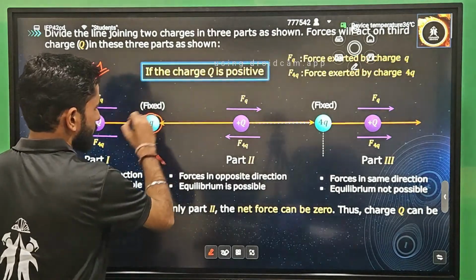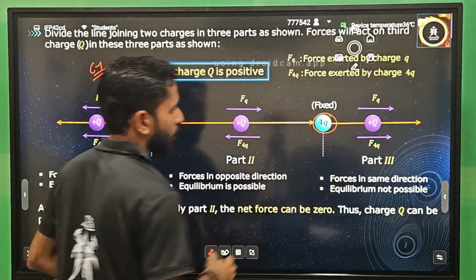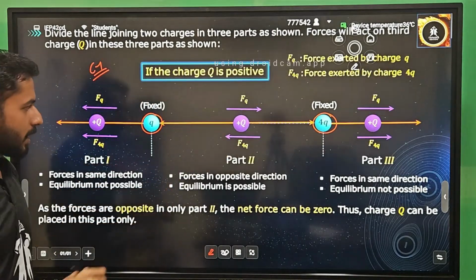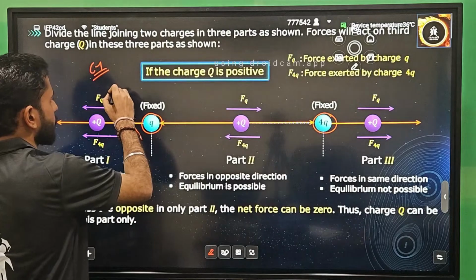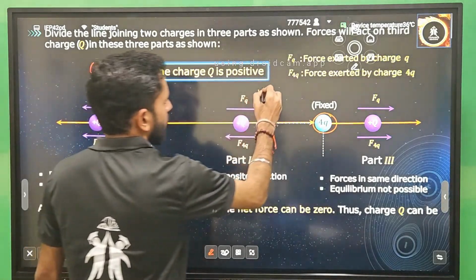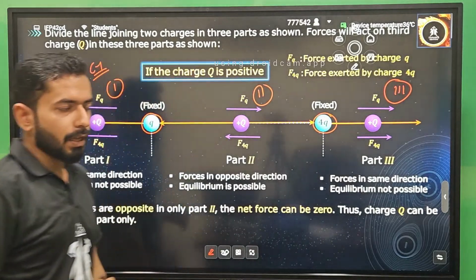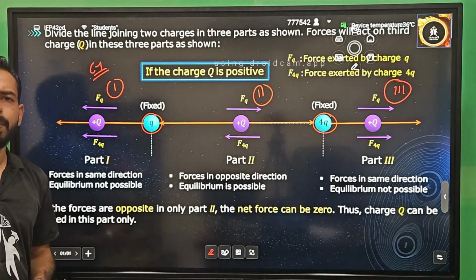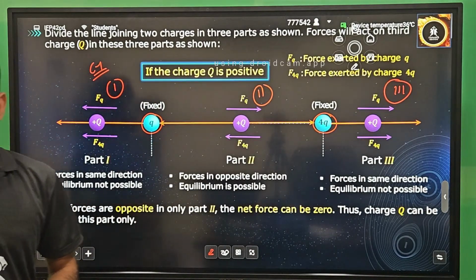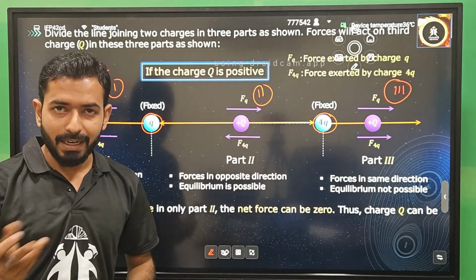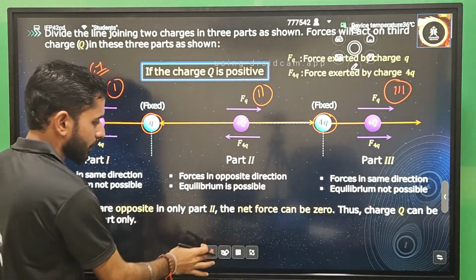This was your original charge q, this is your second charge 4q, and now you have kept this positive charge capital Q, and you have to find the position at three different positions: position 1, position 2, position 3. Now you want to find where my actual equilibrium point is possible. Firstly, you have to find the possibilities. All three possibilities I have brought. Now let's analyze one by one.